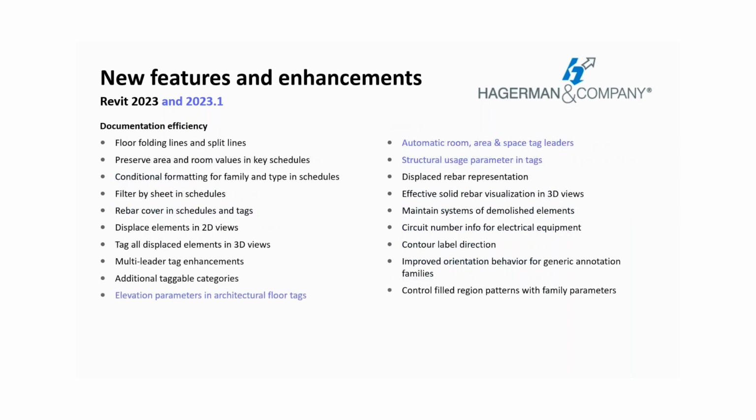Just a couple more here, but I think this is really starting to show the depth of upgrades in this release. Here we have many more features for documentation efficiency, and I am personally a big fan of these. So again, taking just a minute so you can see if anything jumps off the page here.